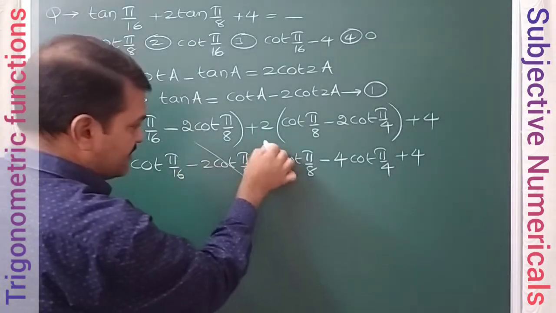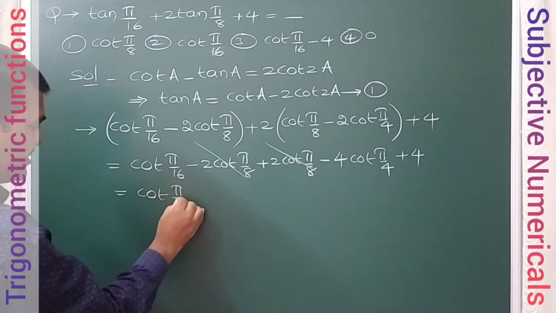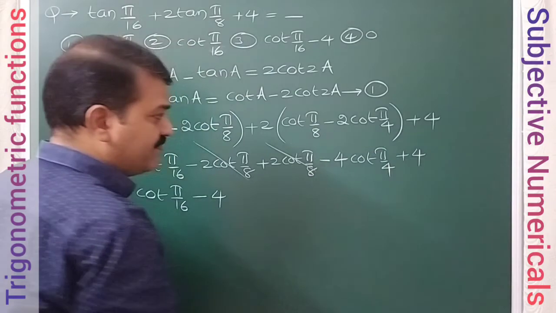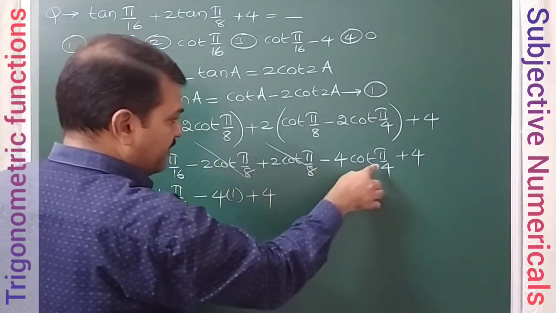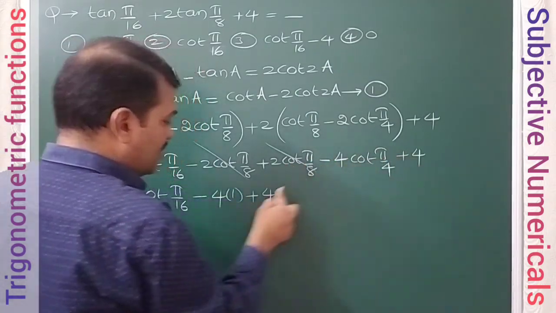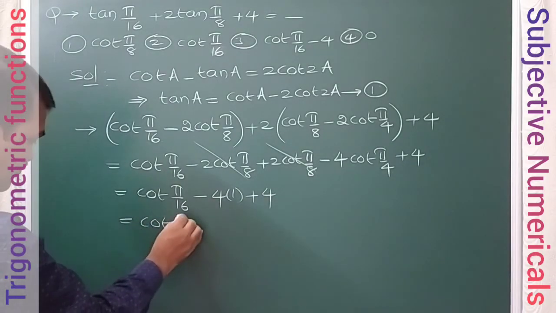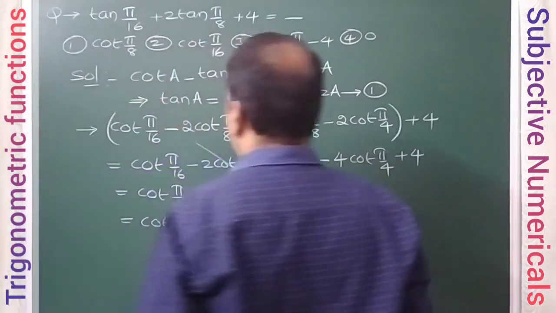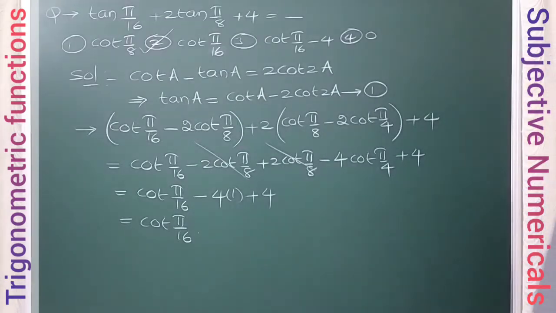So these two terms automatically cancel. So cot pi by 16 minus 4 into what is cot pi by 4? Cot 45, 1. Cot pi by 4 is 1. So minus 4 into 1, this is minus 4 plus 4. Minus 4 plus 4 cancel. So therefore, cot pi by 16 is left. Cot pi by 16. So this is our required answer.